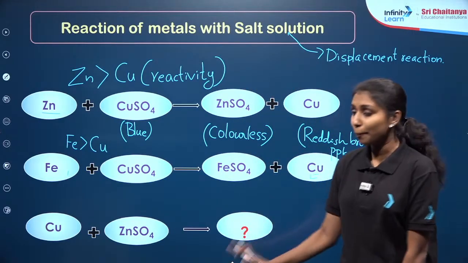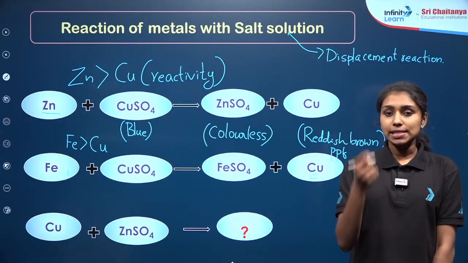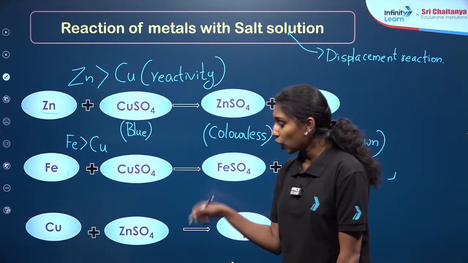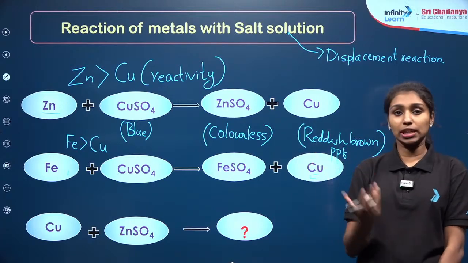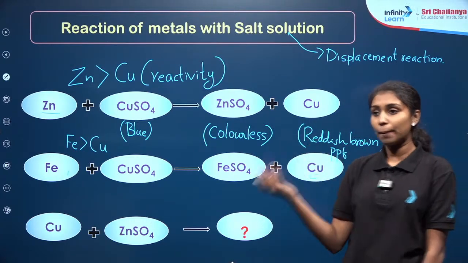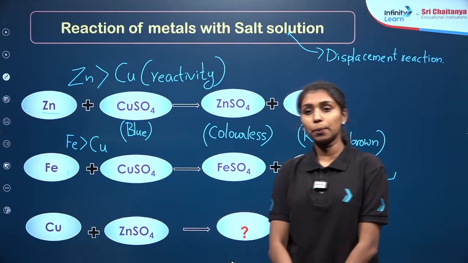Whether this reaction happens or not, that is the question. If I place a strip of copper in the zinc sulfate solution, what do I observe? Will there be any reaction, any deposit of zinc on the copper strip or not?